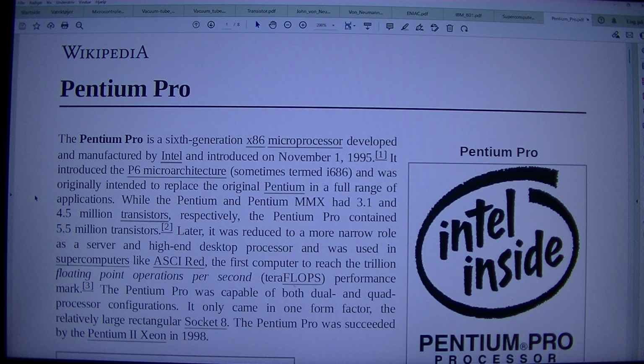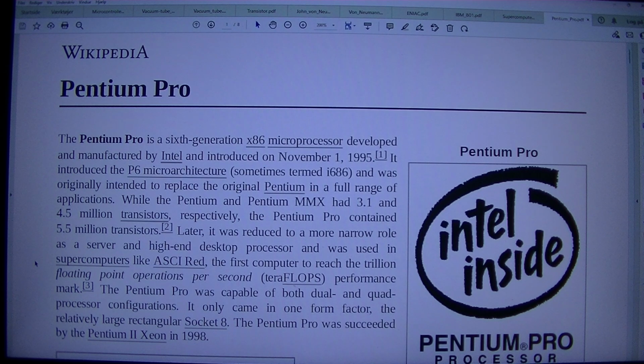While the Pentium and Pentium MMX had 3.1 and 4.5 million transistors, respectively, the Pentium Pro contained 5.5 million transistors. Later, it was reduced to a more narrow role as a server and high-end desktop processor and was used in supercomputers like ASCI Red, the first computer to reach one trillion floating point operations per second, teraflops.